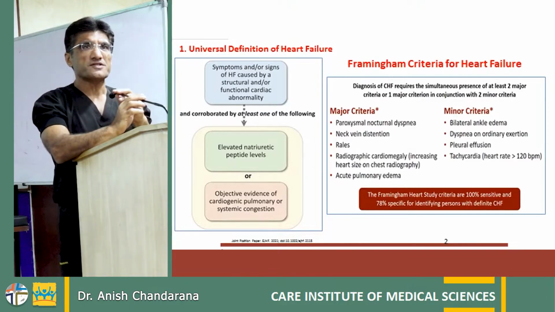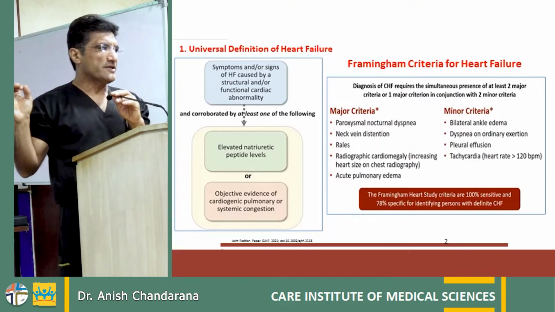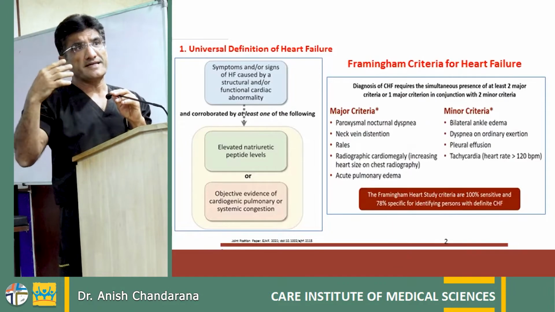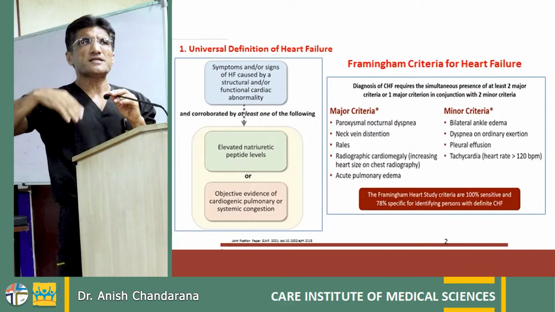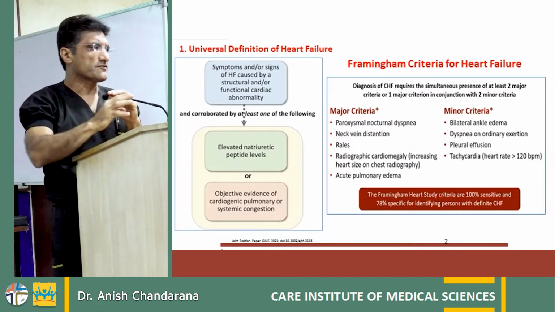But you need to have some objective evidence, either one of these. Number one, there has to be elevated natriuretic peptide levels. In most patients where you have doubt about the diagnosis of heart failure, these tests should be sent. In the old days, before 5-7 years, we were not using it frequently, but now we are all using it very frequently.